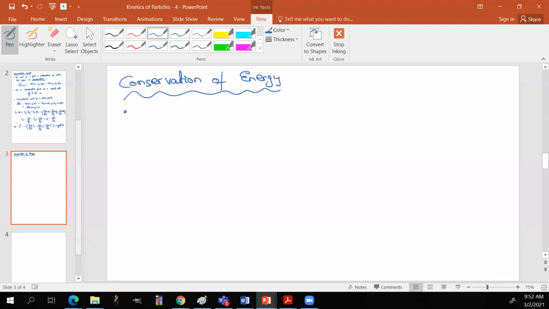Anyways, all right. So we've just seen that the work of a conservative force is just equal to the potential energy at position 1 minus the potential energy at position 2 when you're moving from position 1 to position 2.